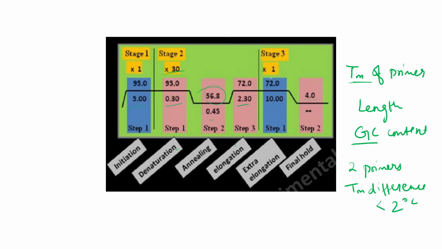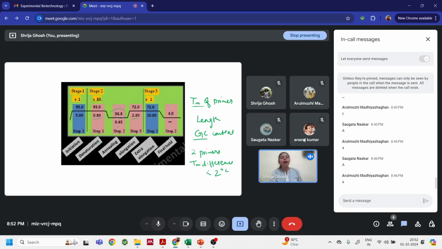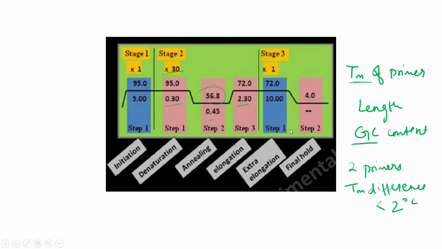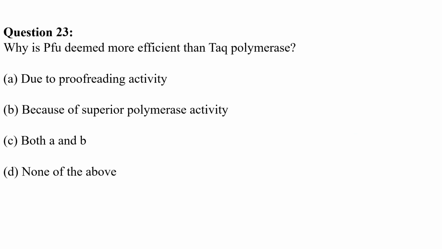I can easily program the instrument to reduce the temperature to 4 degrees Celsius, so that my products are stable. This is called the final holding temperature, where we hold the amplified product. So this is the whole polymerase chain reaction that can be performed in the lab.